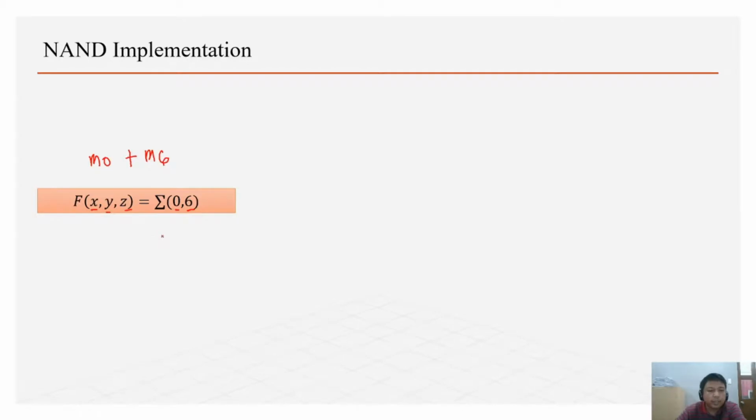Now if we are going to get the function, kukunin natin yung equivalent expression, we have yung minterm 0 natin, that is x prime, y prime, and z. Kung nakalimutan, balikan lang yung previous topic regarding minterms and maxterms. And of course, we have minterm 6, that is x, y, and z prime. So this is minterm 6.